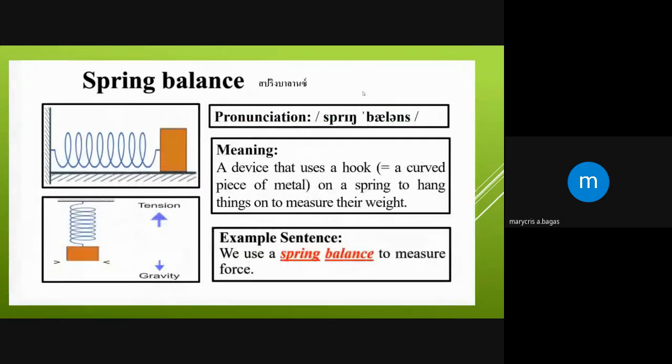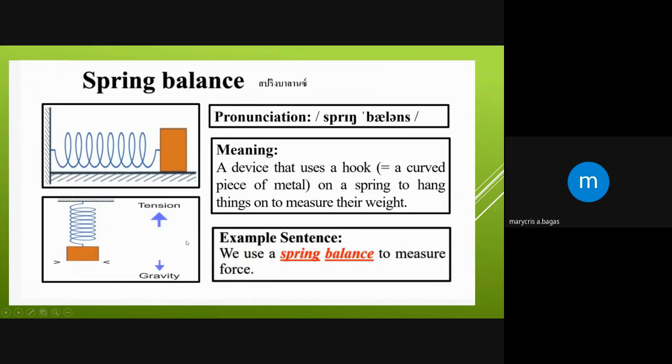Okay, next word, spring balance. Let's spell spring balance. Spring balance.